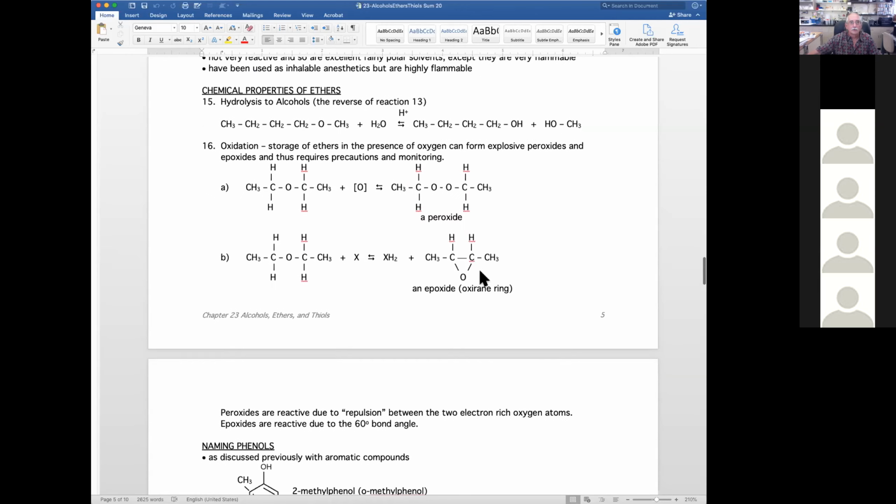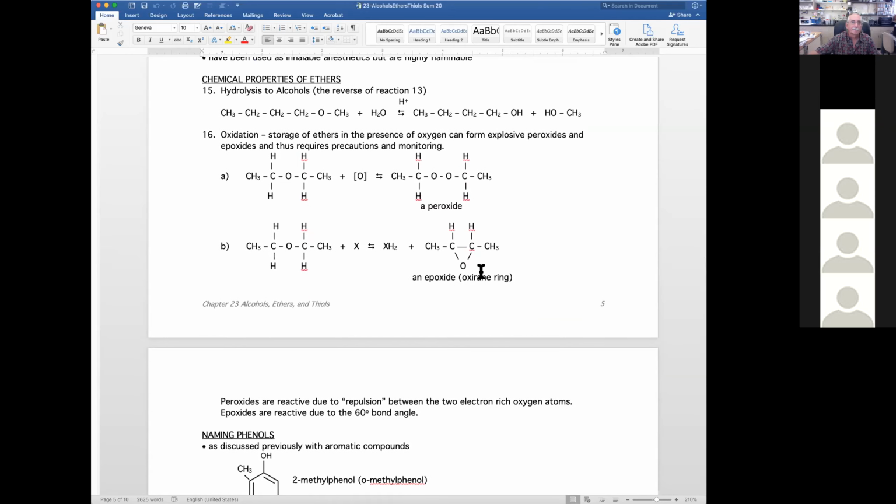So let's look at the chemical properties of ethers. So the first one is simply hydrolysis. If you saw this reaction on a test, you'd think, oh, water has to go in there somewhere. It's not going to go in between two carbons. Remember, all this is inert. It's the functional group. So I'm simply doing the reverse of reaction 13.